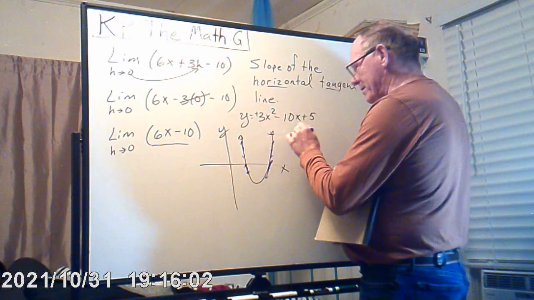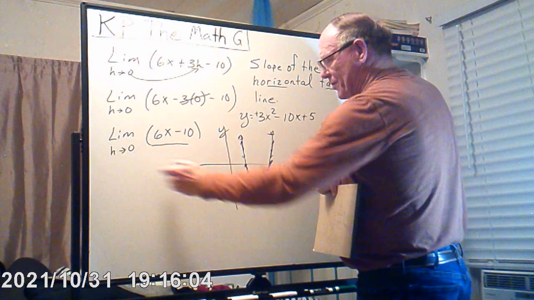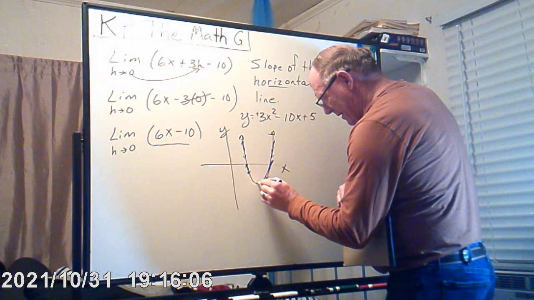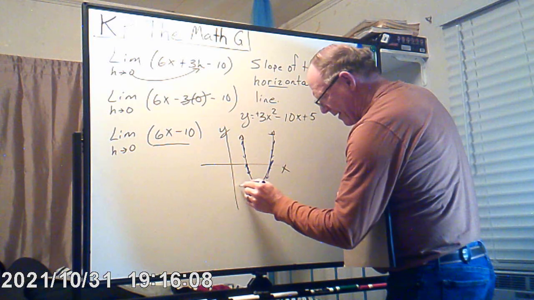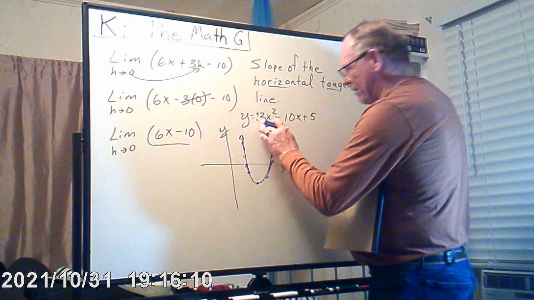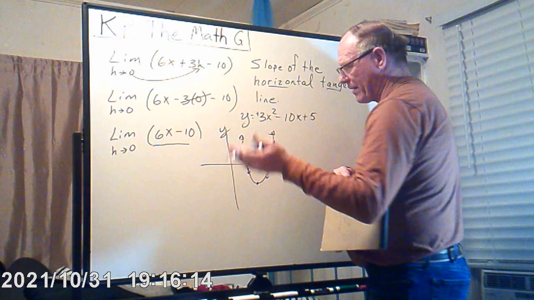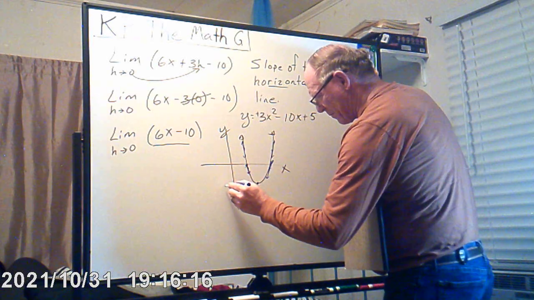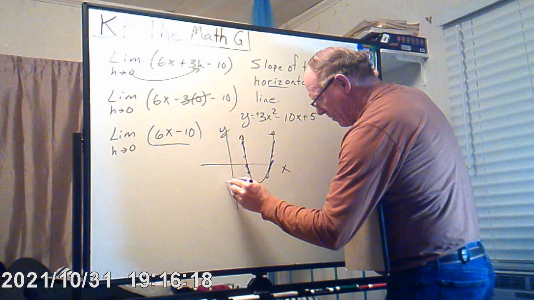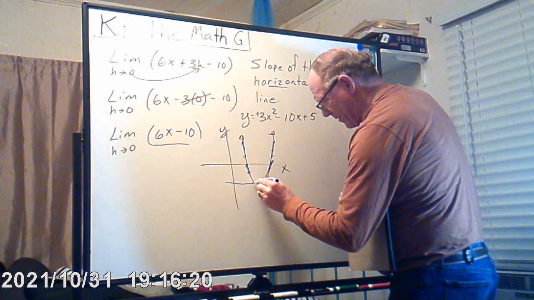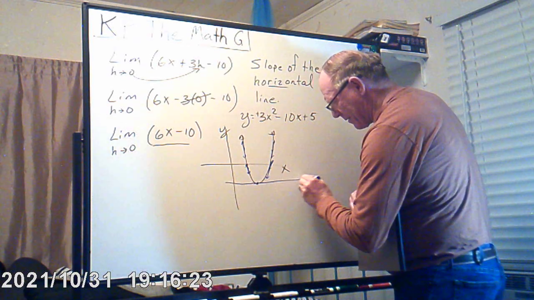But the horizontal one is the one that goes across this way, and so we want this to be right here. And I could have gone through the trouble of finding out exactly where this is, but again, for our purposes, we don't really need to know that. We want this line to go right through here.